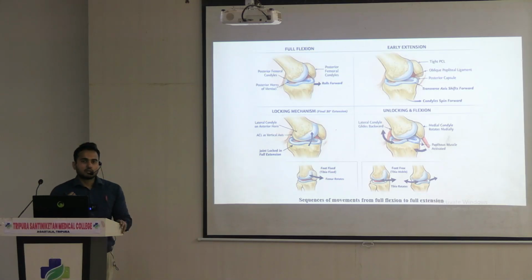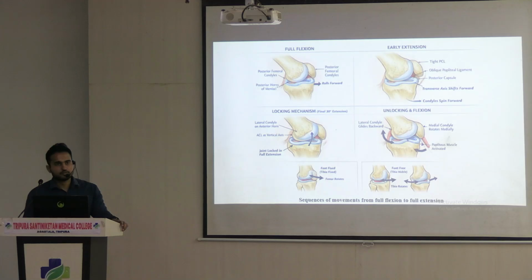So, from where to start? That means the sequence from full flexion to full extension. Now, in extreme flexion, at that time what happens? The posterior convex parts of both femoral condyles are resting on the posterior horn of the menisci.